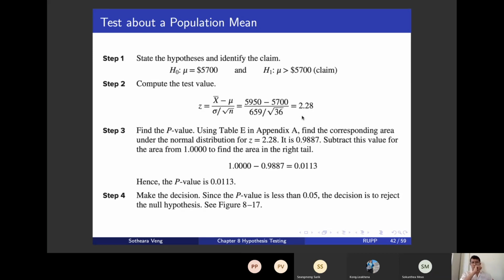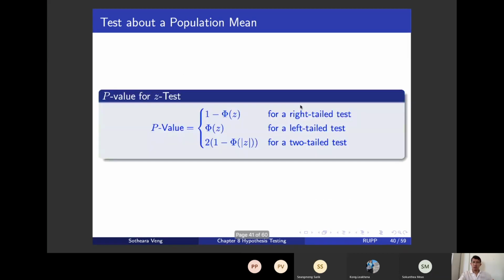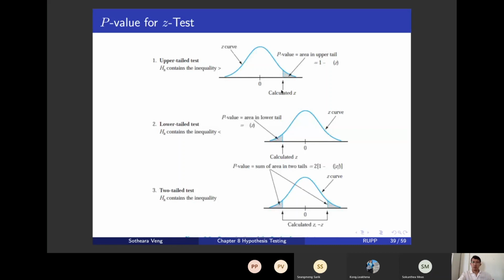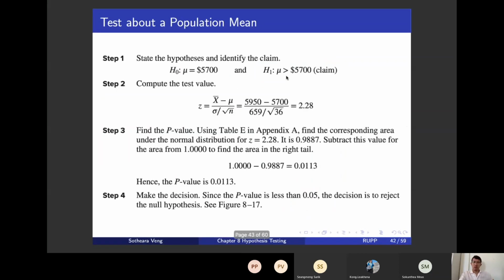You have to compute the p-value corresponding to this. You found z here, 2.28, and you want this area. That will be the p-value.